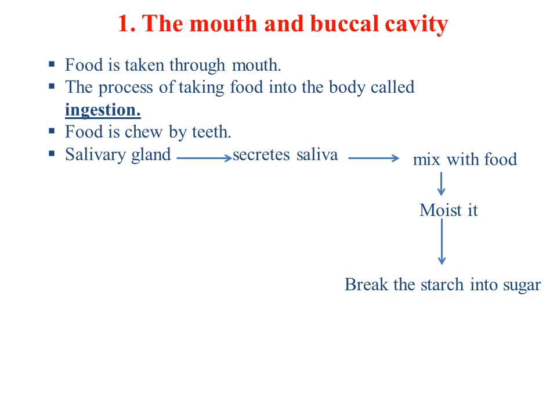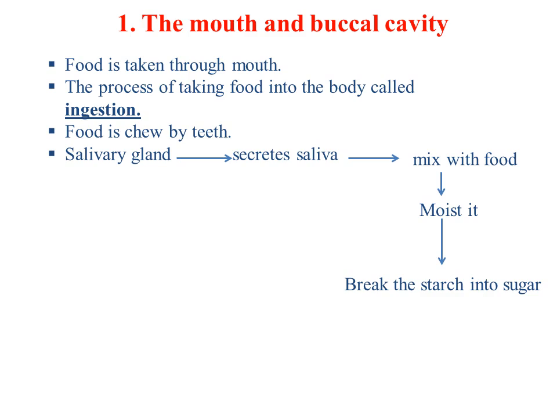Teeth help in chewing food and breaking it down into smaller particles. The tongue is a fleshy muscular organ attached at the back to the floor of the buccal cavity. Saliva is secreted in the mouth and helps in the breakdown of food.